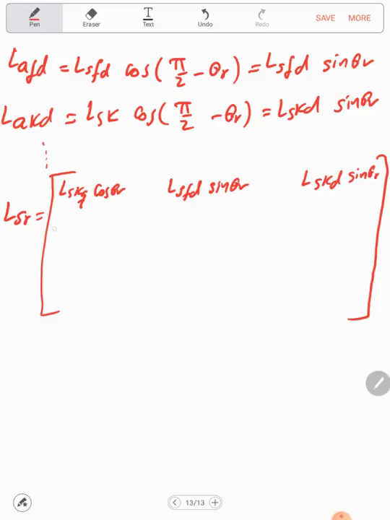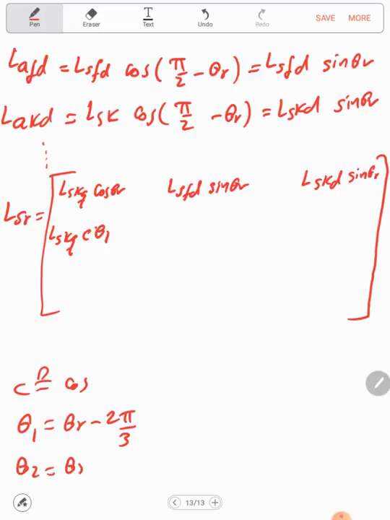Now here I will define C as the cosine and S as the sine in order to manage the space, and theta 1 as theta r minus 2 pi over 3, and theta 2 as theta r plus 2 pi over 3.